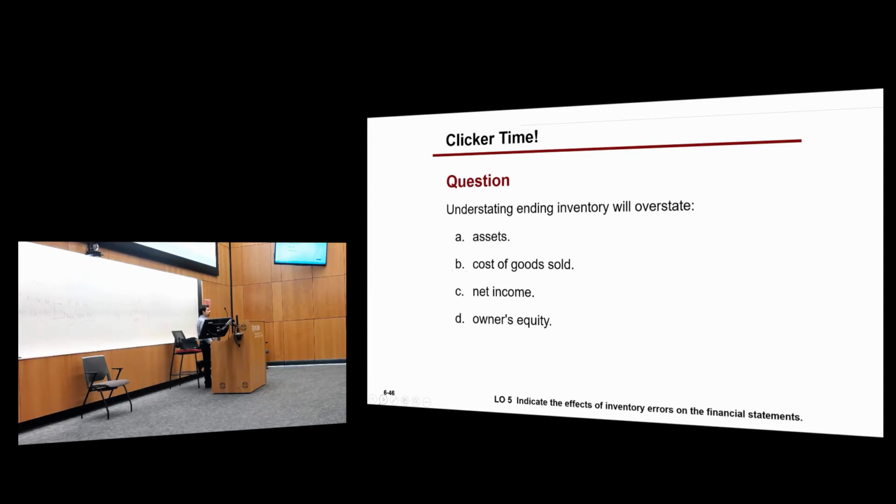Understating ending inventory will overstate assets, cost of goods sold, net income, owner's equity. I mean, what else can I do? I basically showed you the answer.